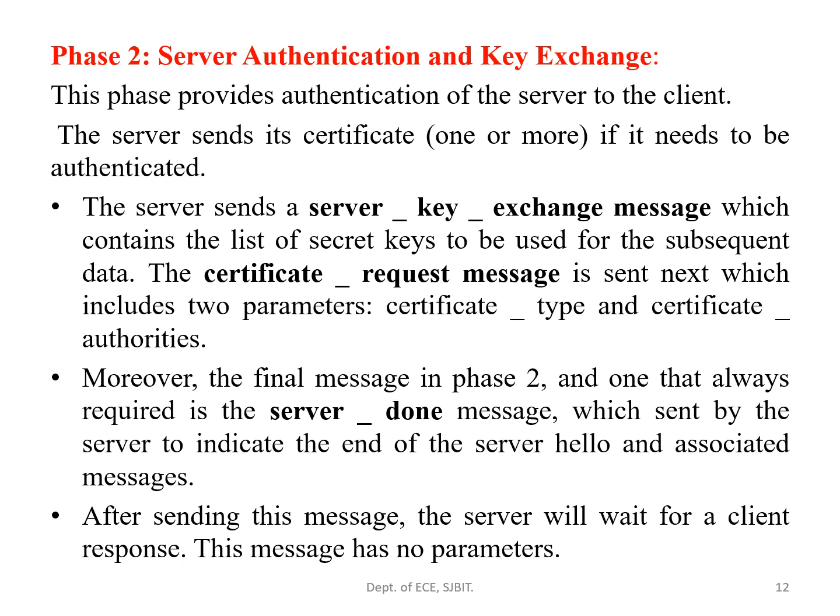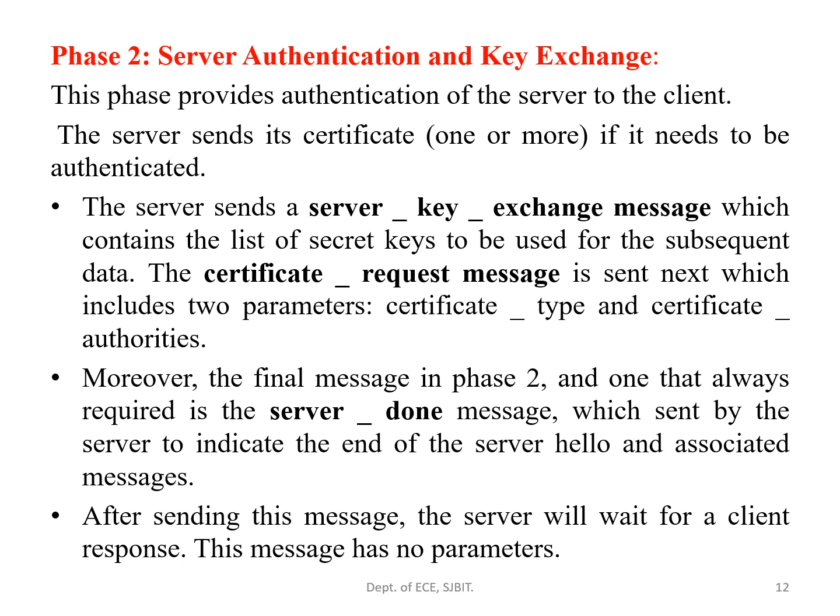So in phase 2, server authentication and key exchange. In this phase, we provide the authentication of the server to the client. So in that we are going to consider a certificate. The server sends a certificate.